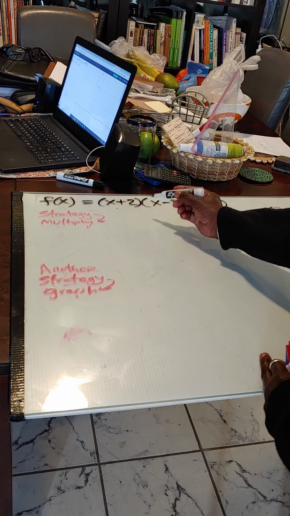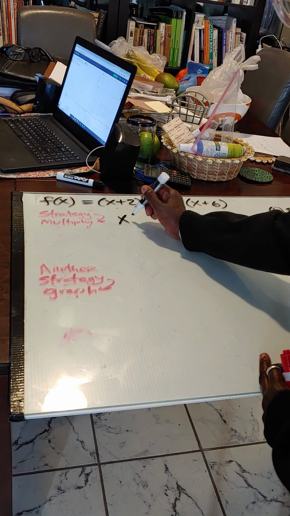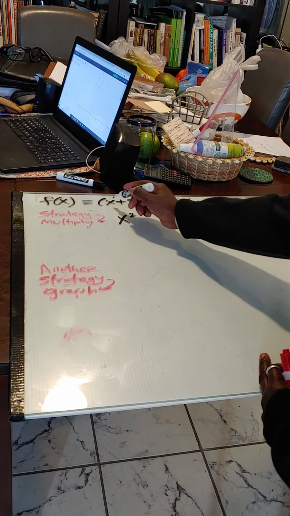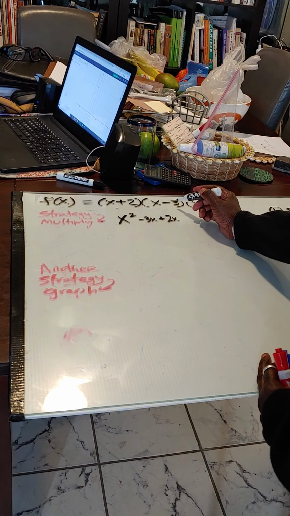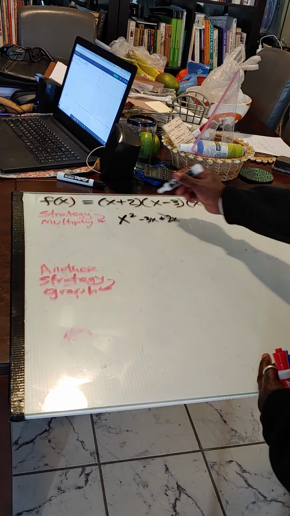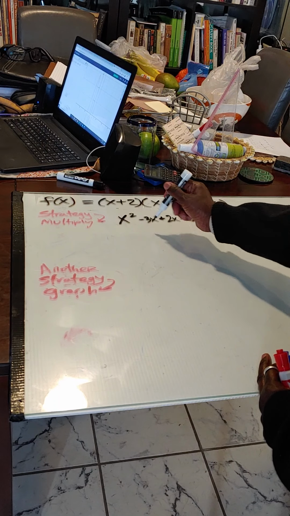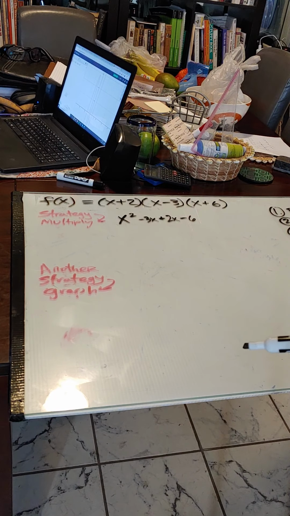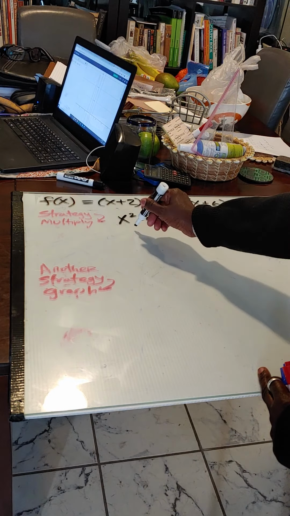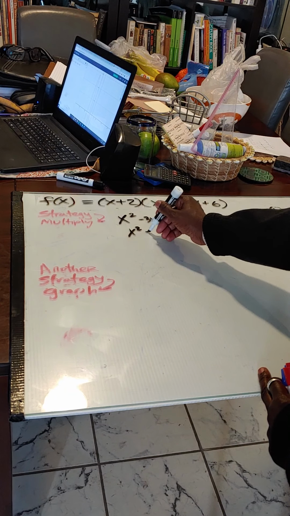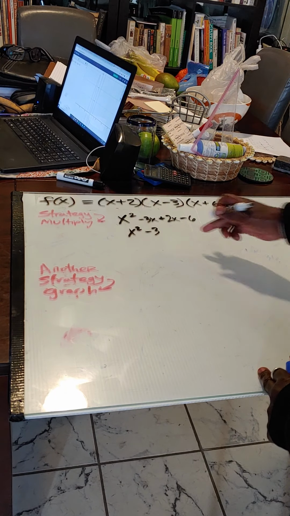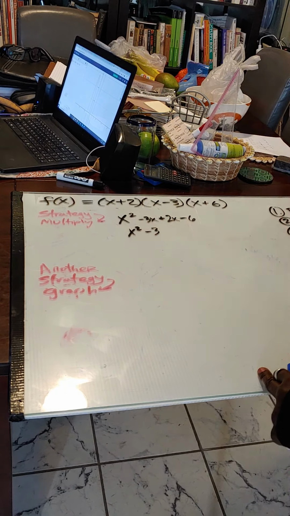So again, x times x is x squared, x times negative 3 is negative 3x, plus 2x, and then we're going to multiply 2 and negative 3, negative 6. So we're going to combine our like terms, and we're going to end up with x squared minus 3x plus 2x, which is minus 1x, or just minus x, right?